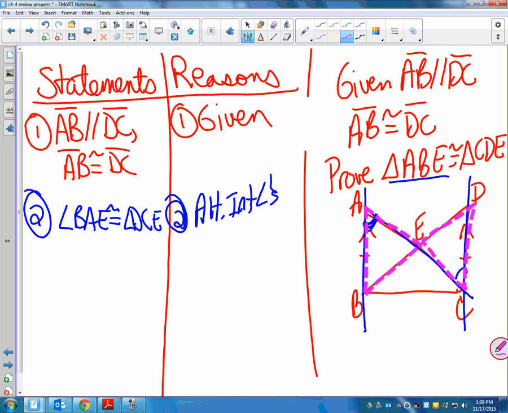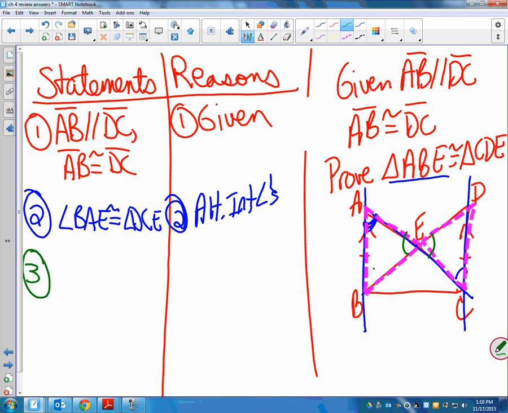What other angles do I know? What about this angle and this angle? Vertical angles, right? Reflexive is if it's the same side or the same angle, but when there are angles right across from each other, those are vertical angles, and vertical angles are always congruent. So you can either do that, or you could do these as alternate interior. Both are acceptable answers, it just changes how you're going to prove it.